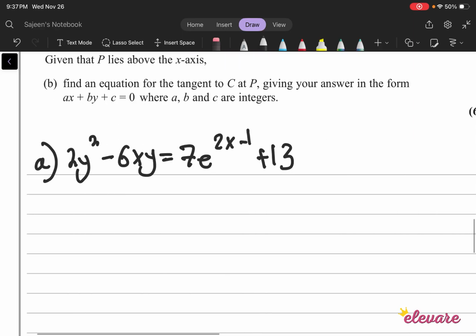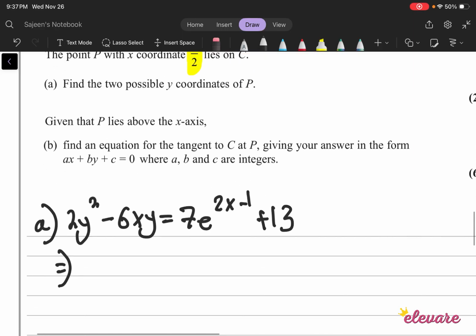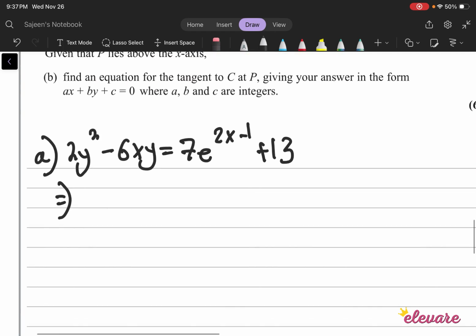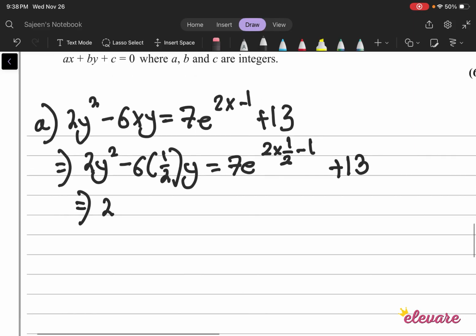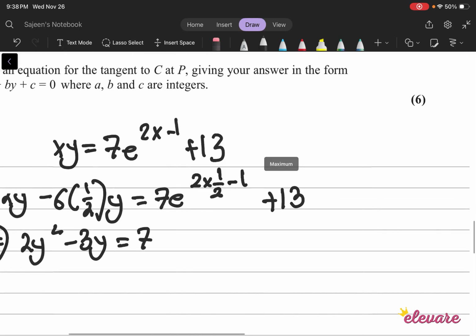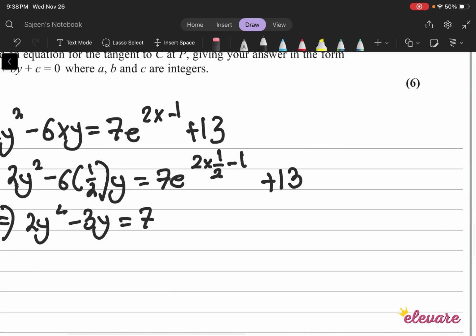So এখানে 2y squared minus 6 into half y is equal to 7e to the power 2 into half minus 1 plus 13. So my answer here is 2y squared minus 3y is equals to 7e to the power 2 into half minus 1. এটা কিন্তু আমাকে 1 দিবে because 2 into half is just 1, right? And e to the power 1 minus 1 is equals to e to the power 0.